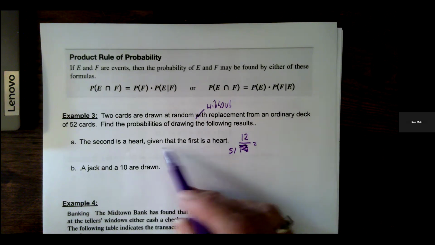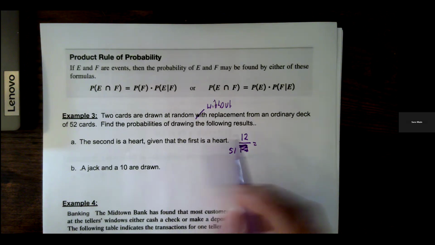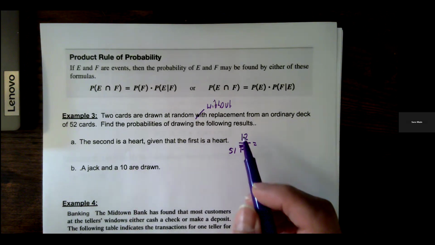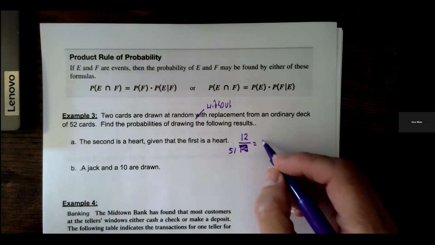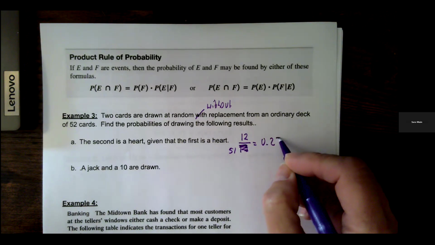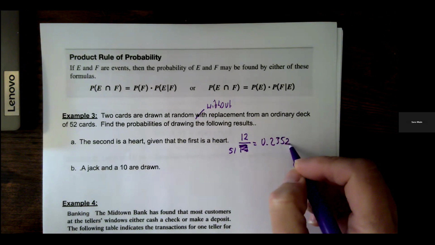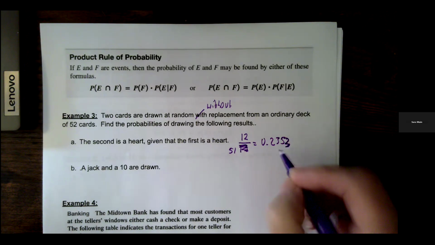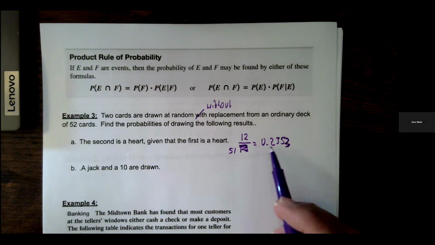So once we know that the first one was a heart, the second one being a heart is going to be 12 out of 51. And that is 0.2353 if we round appropriately.